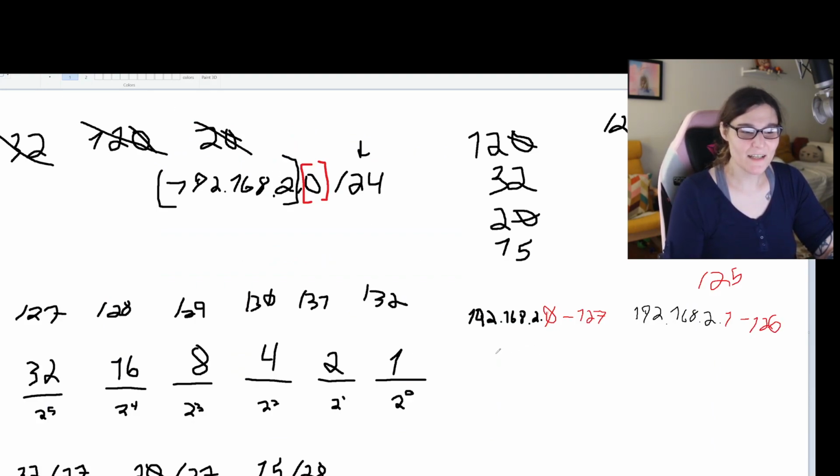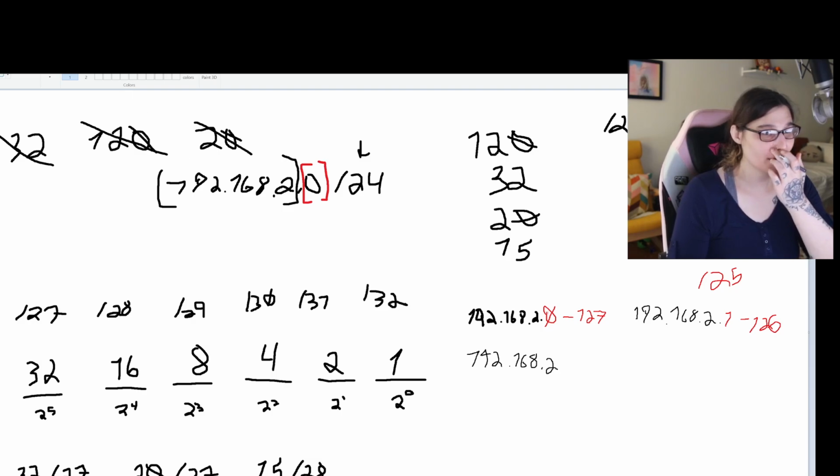So starting for the next one, we have a stroke 27, but we're going to have the same network address. We'll have different hosts, but we'll have the same network. So we start with 192.168.2. And now we have to look and see what we're dealing with here.